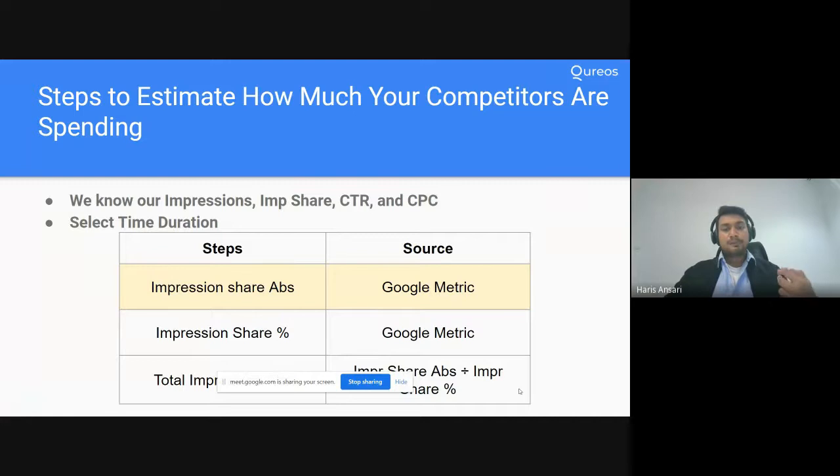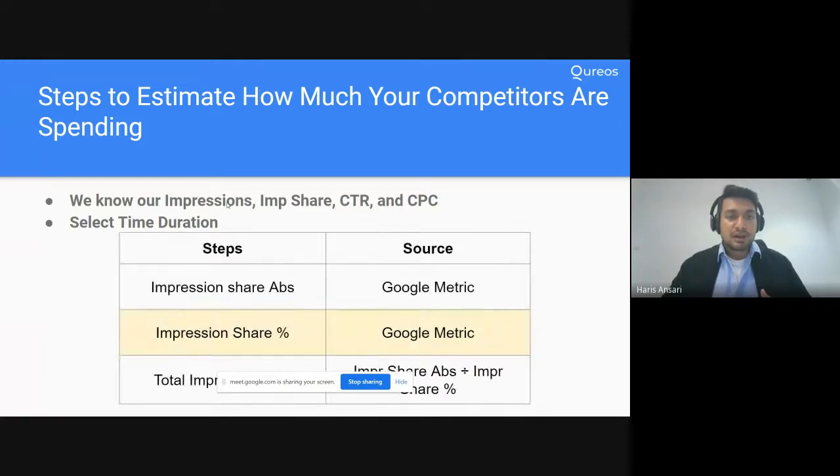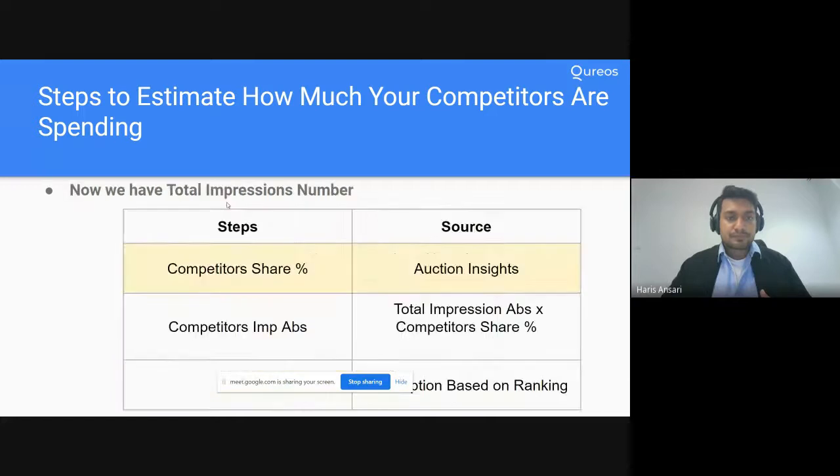So by a simple mathematical calculation, impression share absolute divided by impression share percentage, I can get the total number of impressions I could have achieved, which are there in the market. That is very easy to find out. So now we have the total number of impressions which is there in the market.